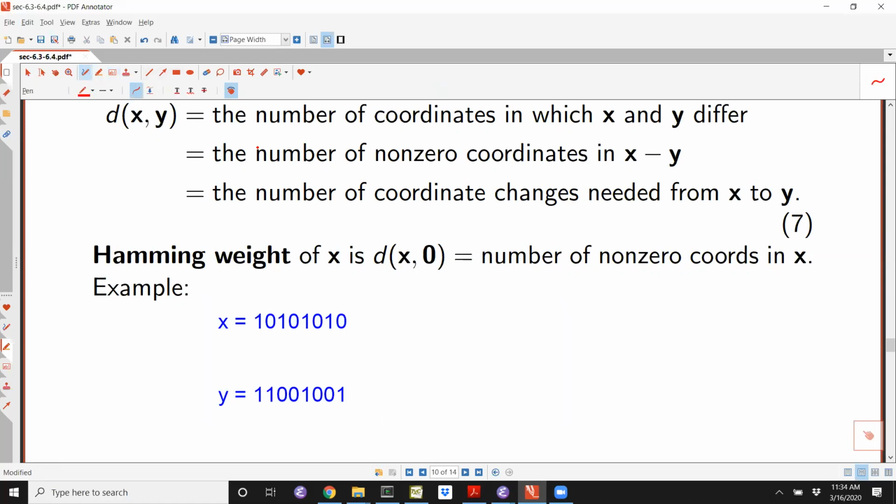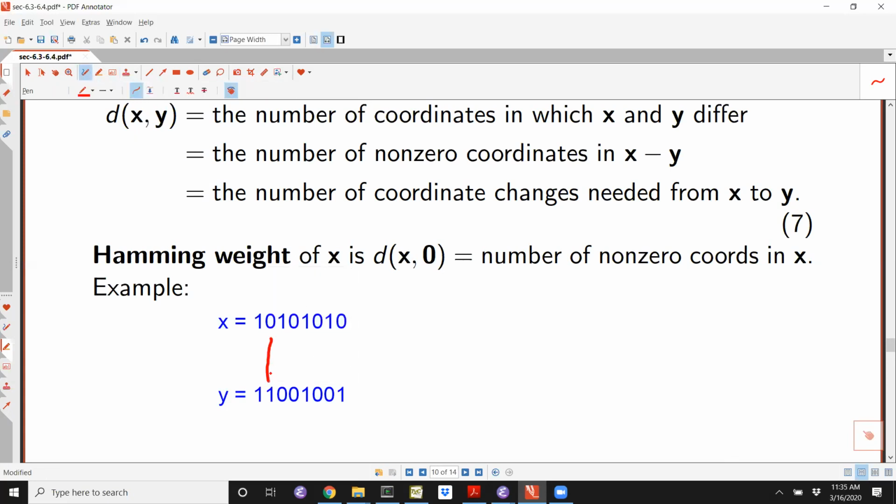Which bits of x need to be changed to get to y? We're a little short on time, so let me just do this. I hope everybody is looking at this. Bit number 2 has to be changed to get from x to y.